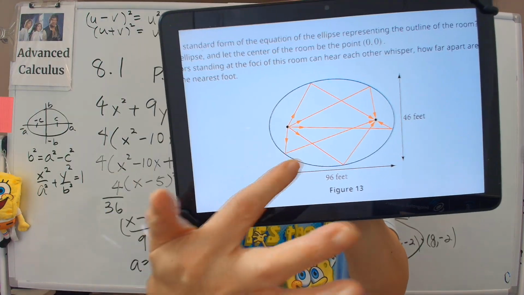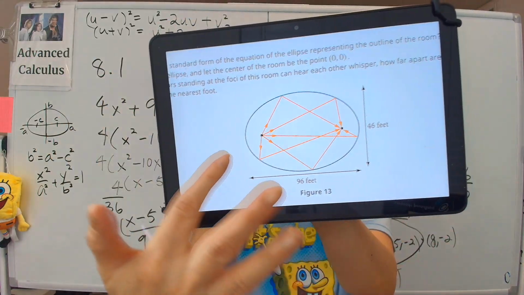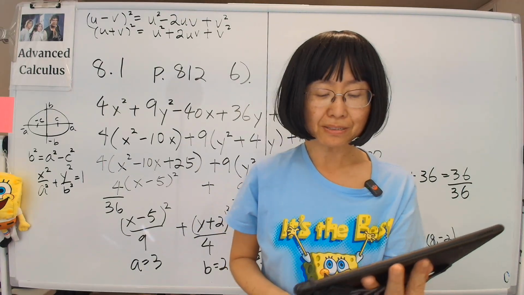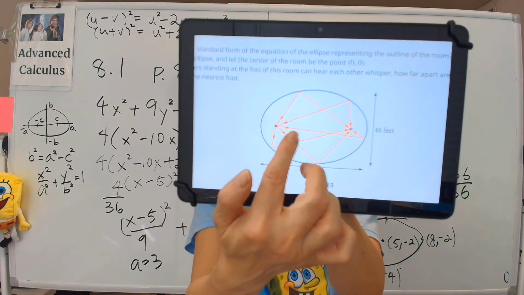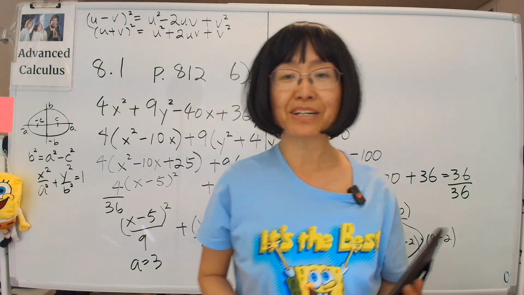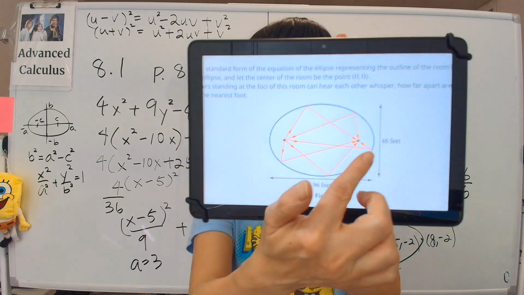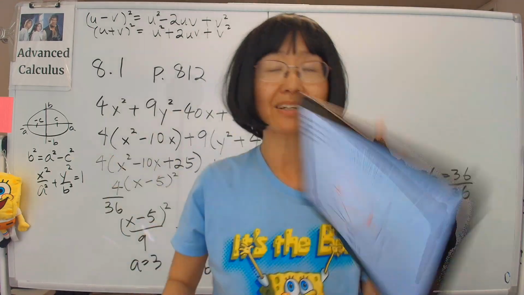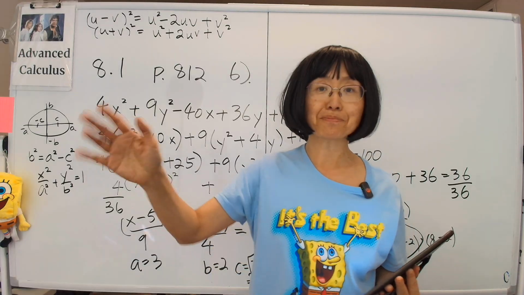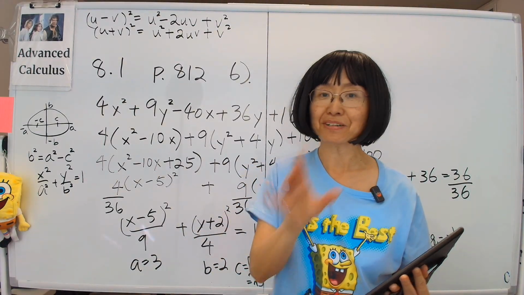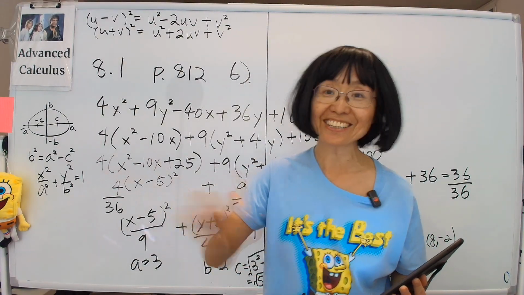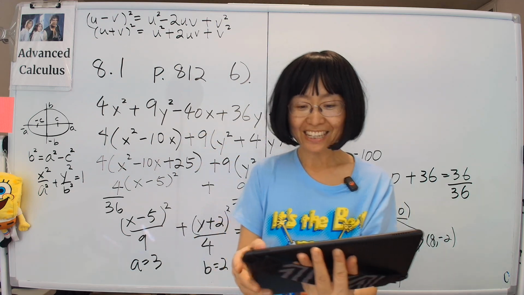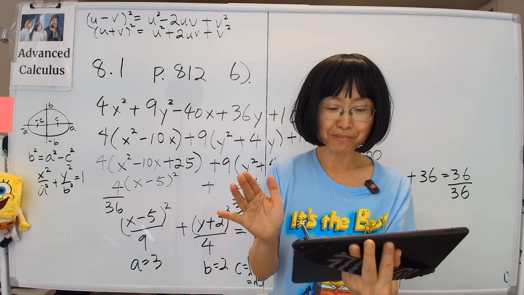The wall is built specifically for the purpose such that if you stand at one of the focal points and start whispering, and have your friends stand at the other focal point, then you can hear each other, even though you are in a big room with other people around. If you stand at the right spot, you can talk to each other like magic. So that is why it's called the whispering room.